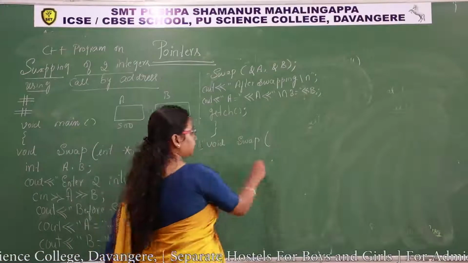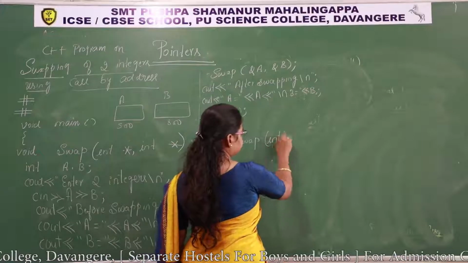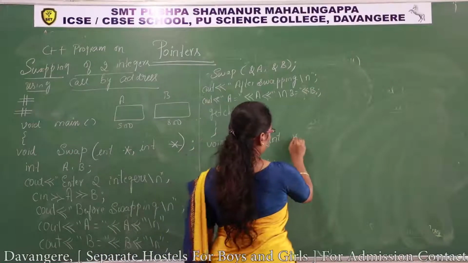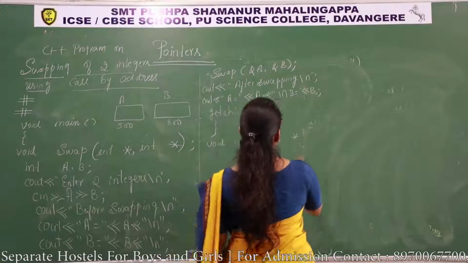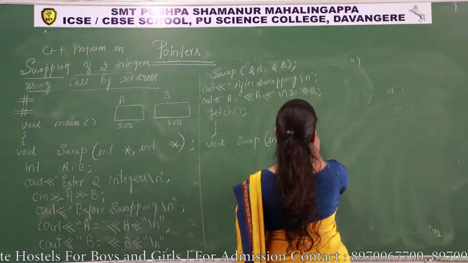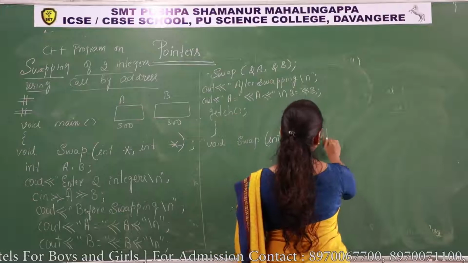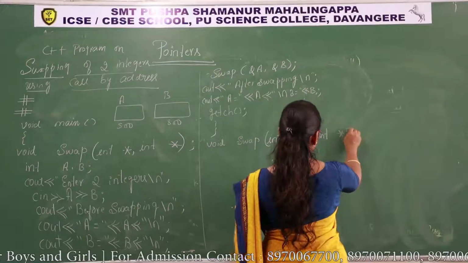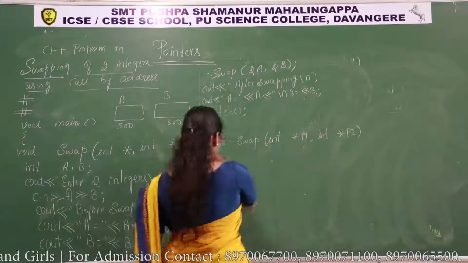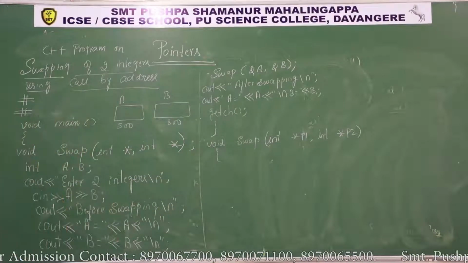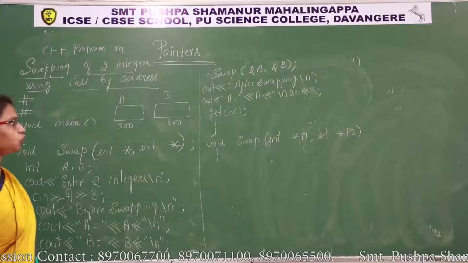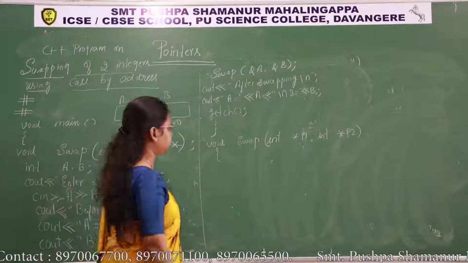So I have to take int star p1, and int star p2, open flower bracket. So p1 holds the address of a and p2 holds the address of b.